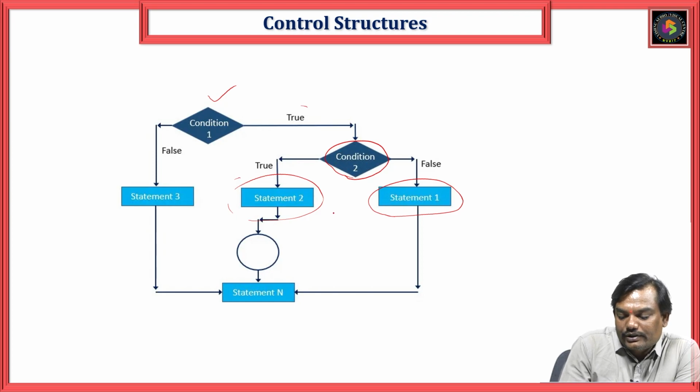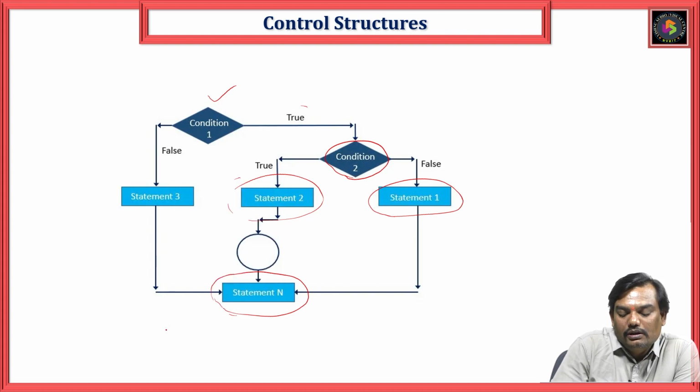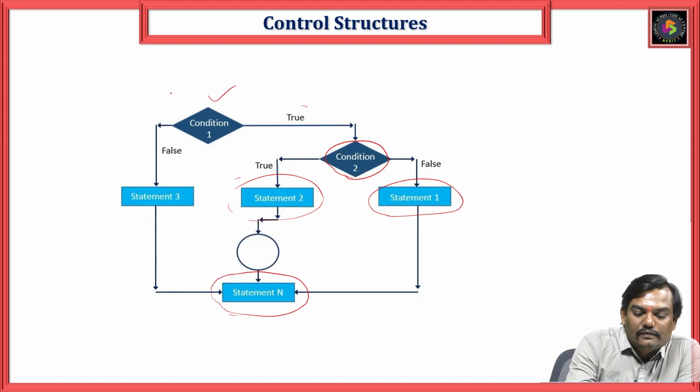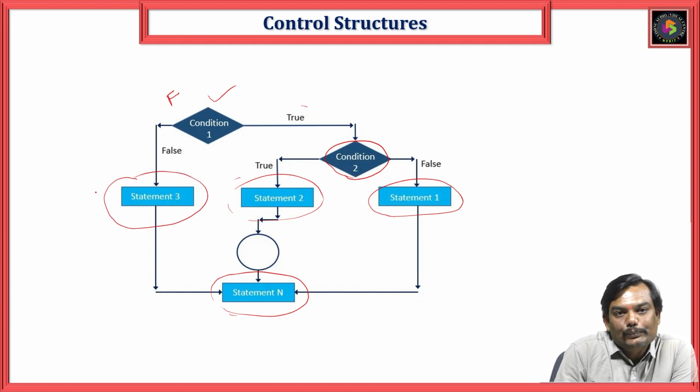After executing either of these statements, the control has to transfer out of the block. After coming out of the block, whatever statements follow the nested block get executed. If the first condition itself is evaluated to false, the control travels in the false path and statement 3 gets executed, which is in the outer else block.